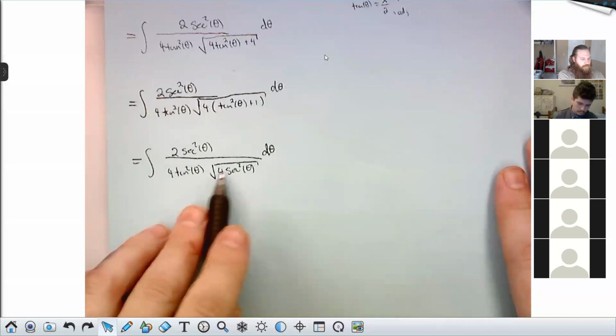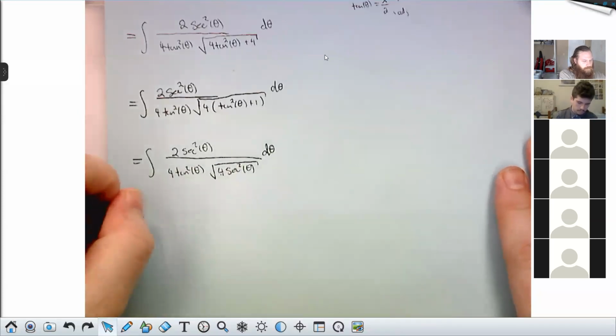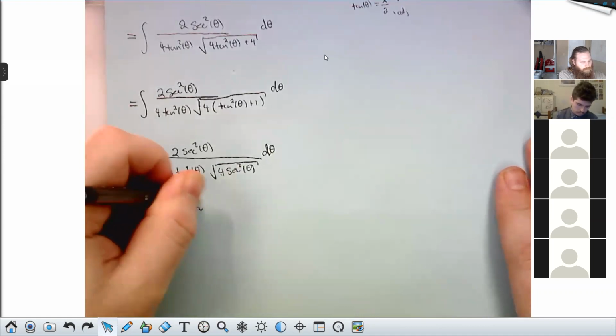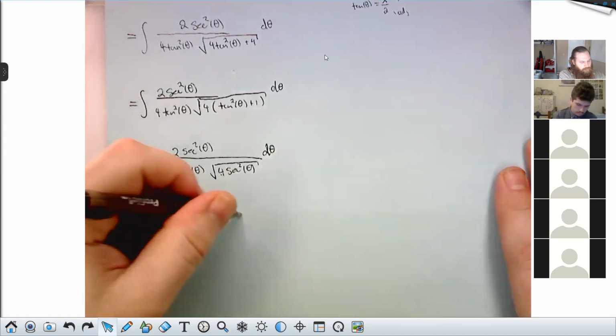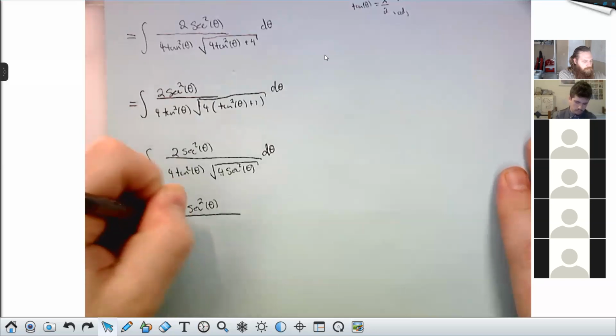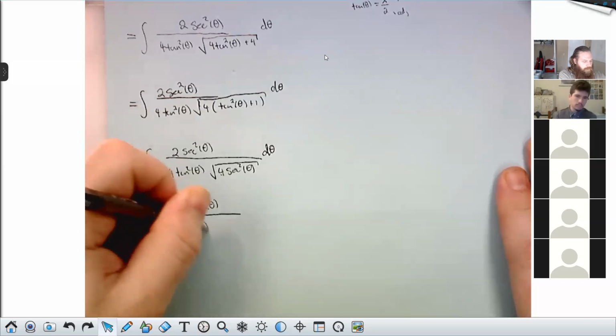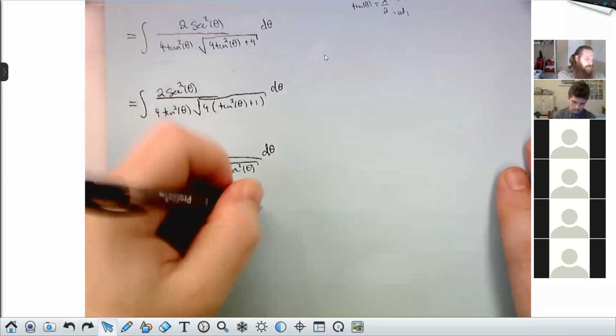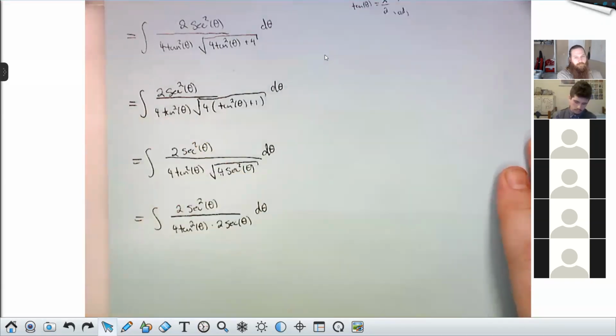And the square root of 4 secant squared theta is 2 secant theta. So I'll have the integral of 2 secant squared theta over 4 tan squared theta times 2 secant theta d theta.